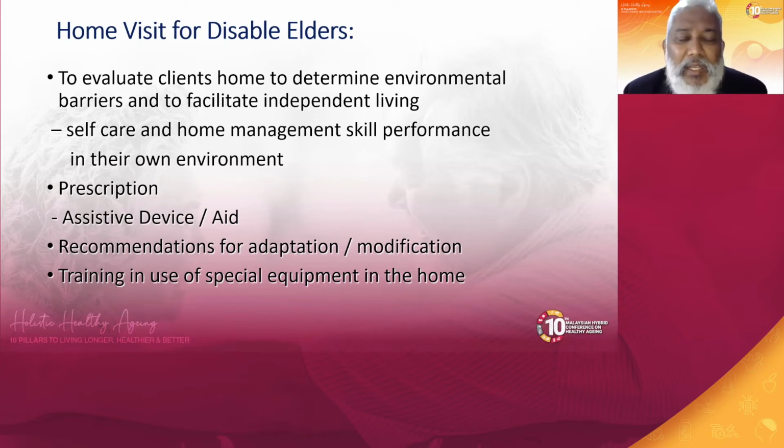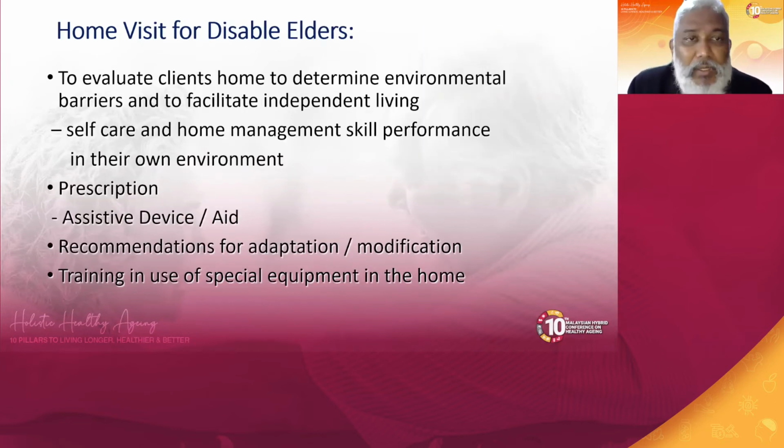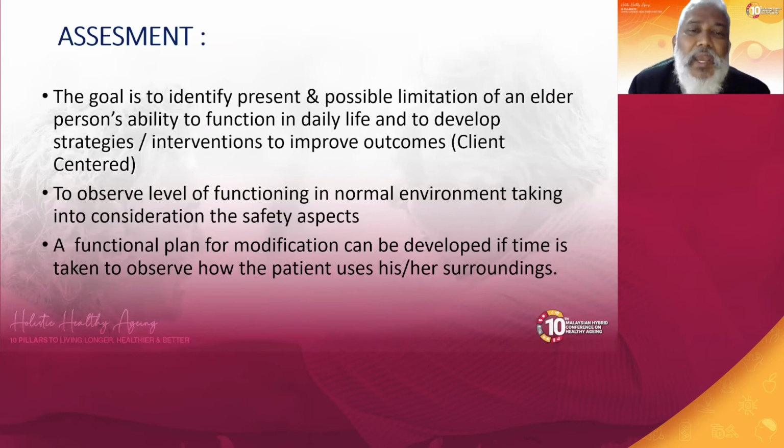And it's also about prescribing assistive devices, aids or adaptive tools, recommending adaptations or modifications, and also training. It can be done in their own house. And assessment is to identify the possible limitations of the person or their ability to function in daily life. So it's very important for us to carry it out in their own environment.